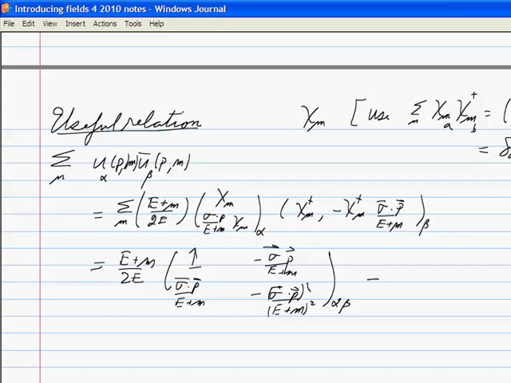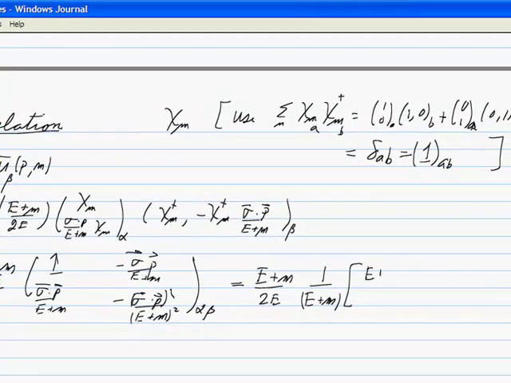Let me work this out in more detail, just since it's unfamiliar to everybody. So here's e plus m, 2e. I'll factor out a 1 over e plus m, since that's sitting in various places here. There's 1 over e plus m, 1 over e plus m, 1 over e plus m squared. And I then get the top component is an e plus m, because that was 1 before. I get minus sigma dot p sigma dot p, and sigma dot p squared is p squared.